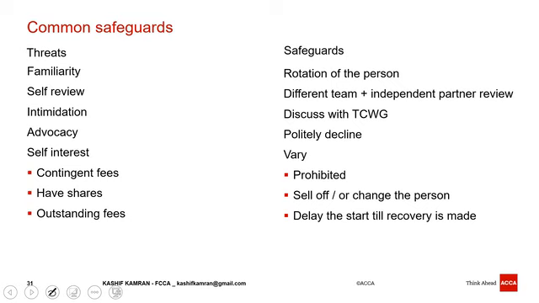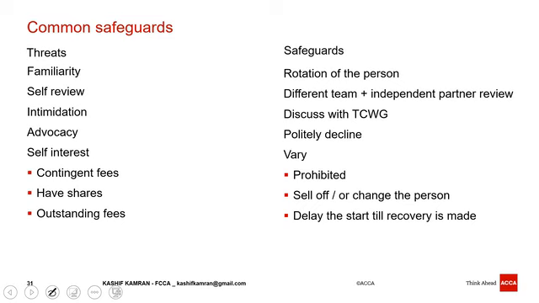Okay, when we look at some common safeguards for threats, familiarity threat, for example, familiarity threat is such a common threat, you must be used to that from the F8 paper. Normally, when there is a familiarity, the better safeguard is the rotation of the person.